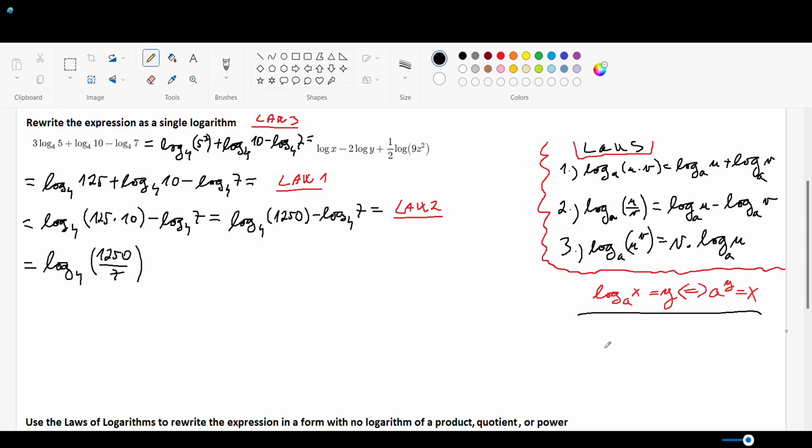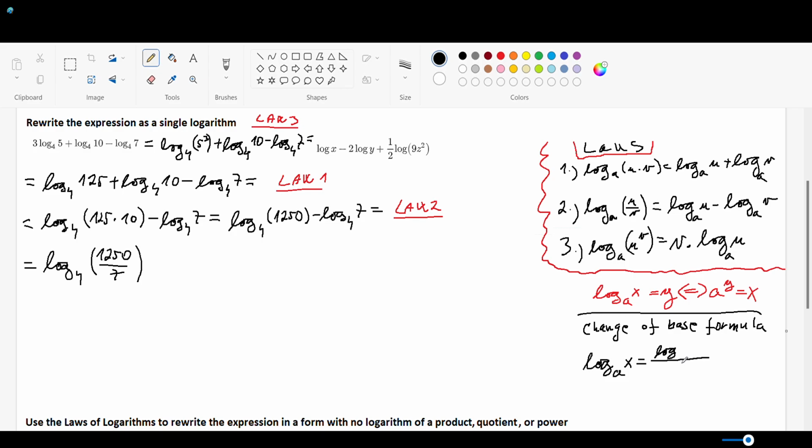For this we will use the change of base formula. It basically means that any logarithm base a of x can be written as a logarithm of any base. Most often you use base 10, which is called the common logarithm, as you already know.